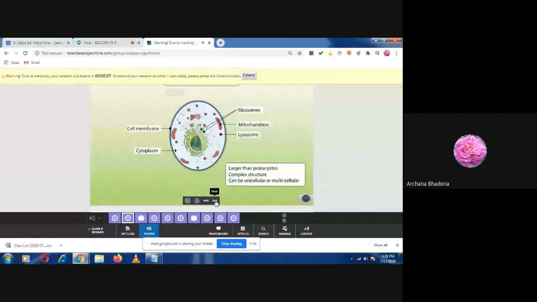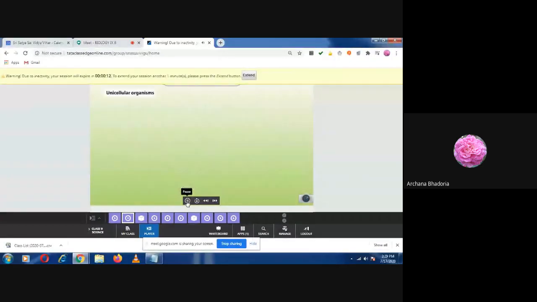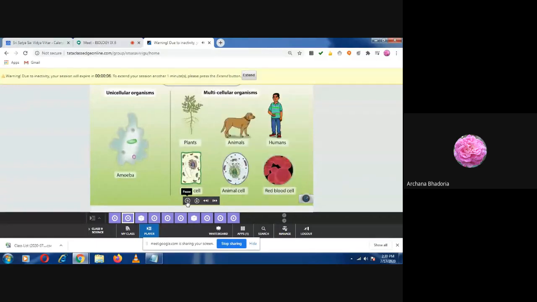The nucleus in eukaryotes is well defined. A nuclear membrane surrounds the genetic material, and there are many membrane-bound organelles in eukaryotes. Unicellular organisms such as amoeba and multicellular organisms such as plants, animals, and humans are all eukaryotes.